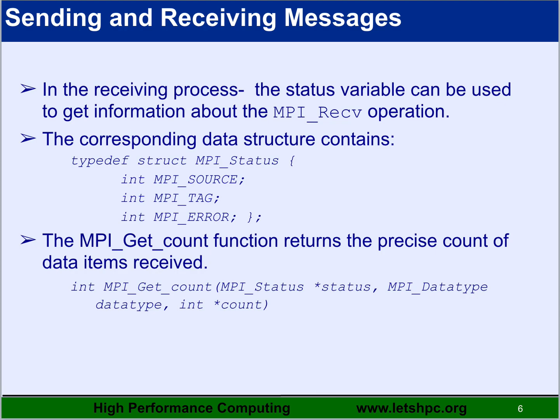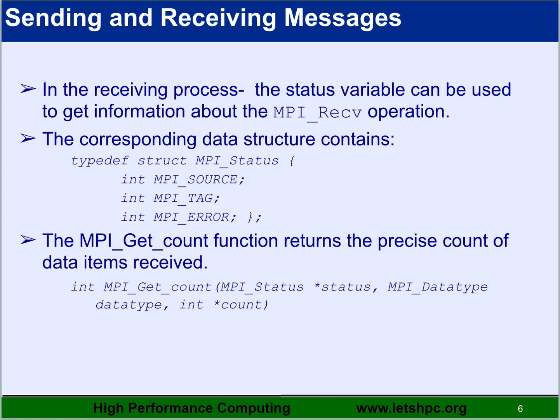Last time we discussed MPI status, one of the arguments in the receive call. This status variable can be used to retrieve very important information.